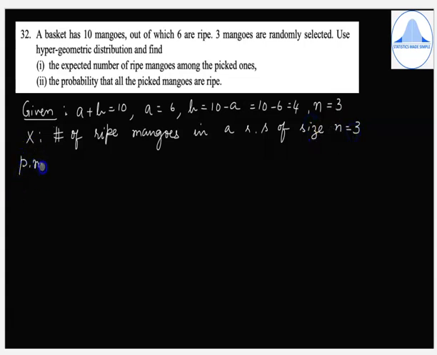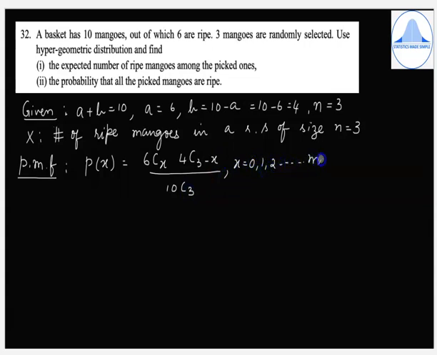Now I'll write down the PMF of the hypergeometric distribution. P of X equal to, it is ACX, so 6CX, BCN minus X, so 4C 3 minus X, divided by A plus B Cn, that is 10C3, and X takes values 0, 1, 2, so on.